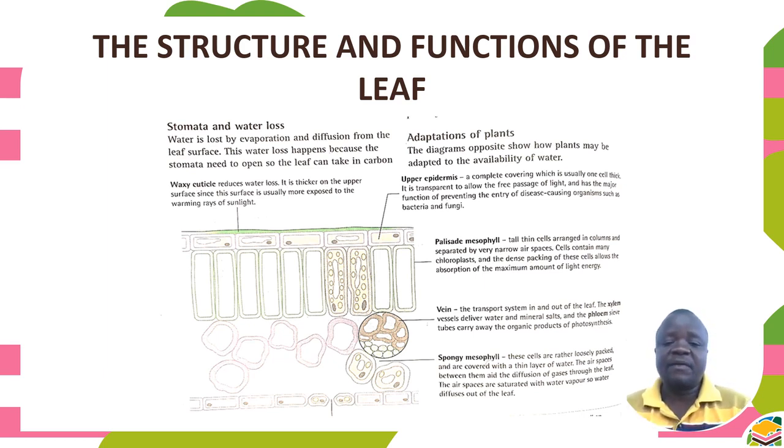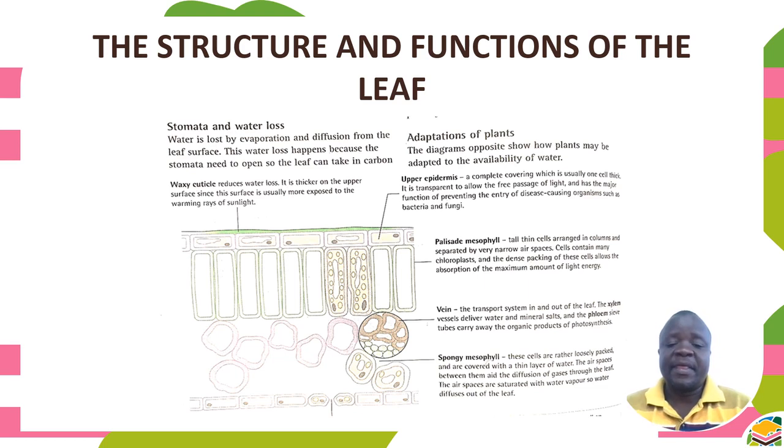Apart from the Palisade mesophyll layer, we have this layer again, which is taken as the spongy mesophyll layer, which consists of the spongy cells. And indeed, these are what we call the spongy cells, which are spherical in shape.